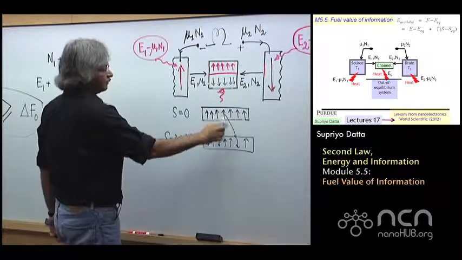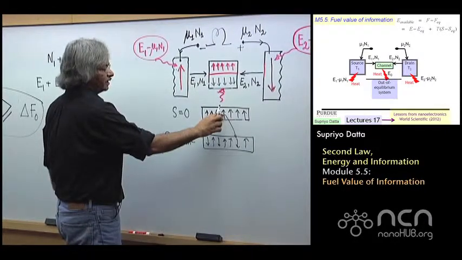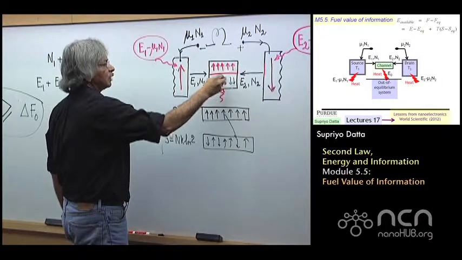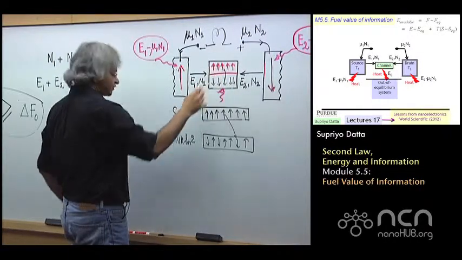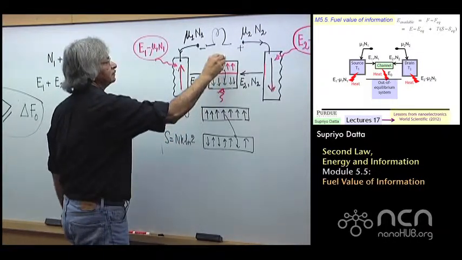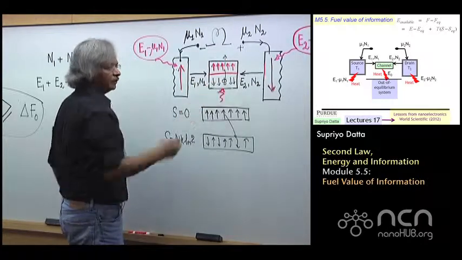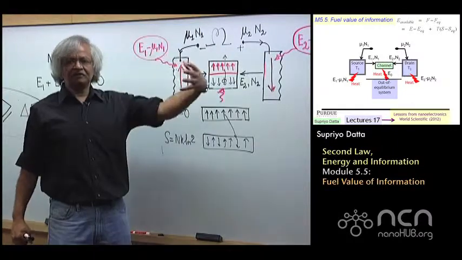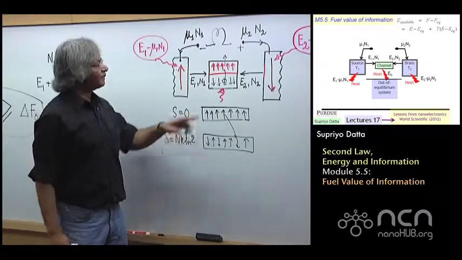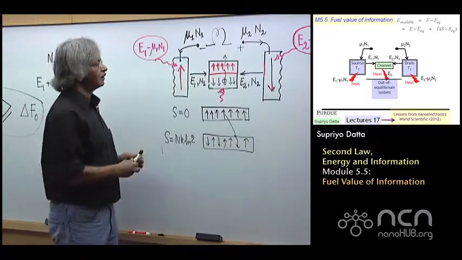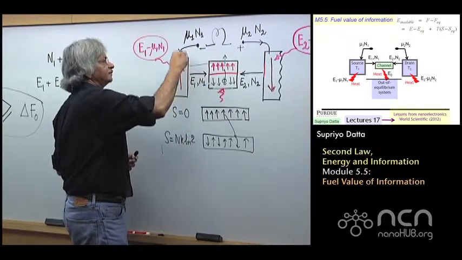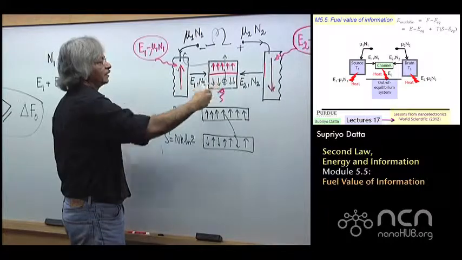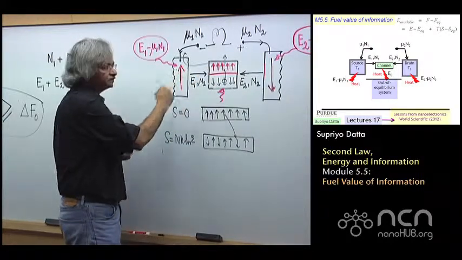So, this one flips. And when this goes from up to down, one of these electrons goes from down to up. So you have an extra up in there and a vacant down in there. Okay. And because of the way we have constructed the device, this extra up would come out from this side. Why? Because we have these perfect contacts, and the only way an up can get out of the system is through that contact.